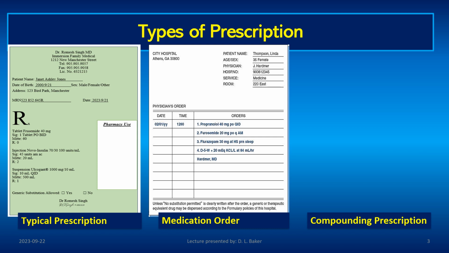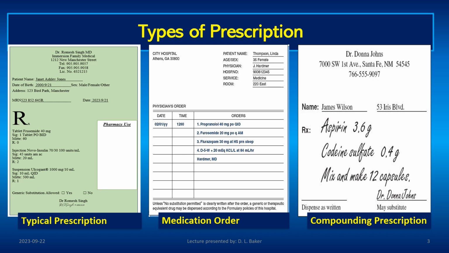Alright, now the third prescription that we will look at here is a compounding prescription. Now, this is a specialized type of prescription that involves the customized preparation of medications by a compounding pharmacist. These medications are tailored to meet the unique needs of the individual patients when you don't have commercial products, or the commercial products that are available are not necessarily suitable for the patient specific needs.